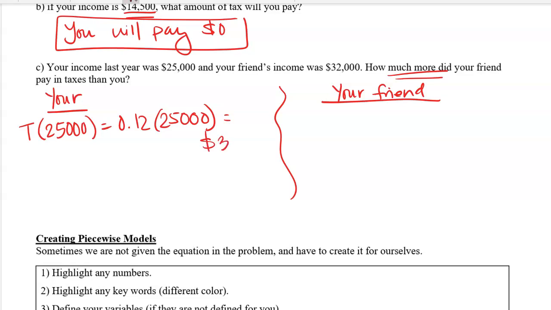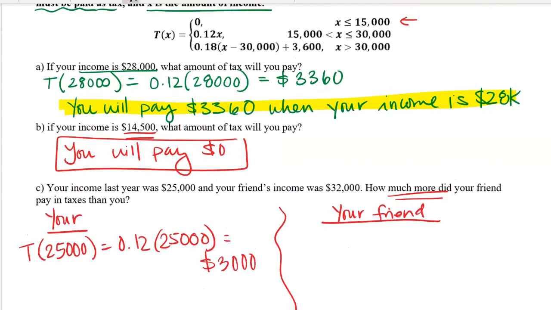You guys agree with that number? Okay. So your tax amount is $3,000. True or false? How about your friend? Your friend makes $32,000. Jake S., what piece are we using? First piece, second piece, or third piece? Third piece. All right, let's plug it in.